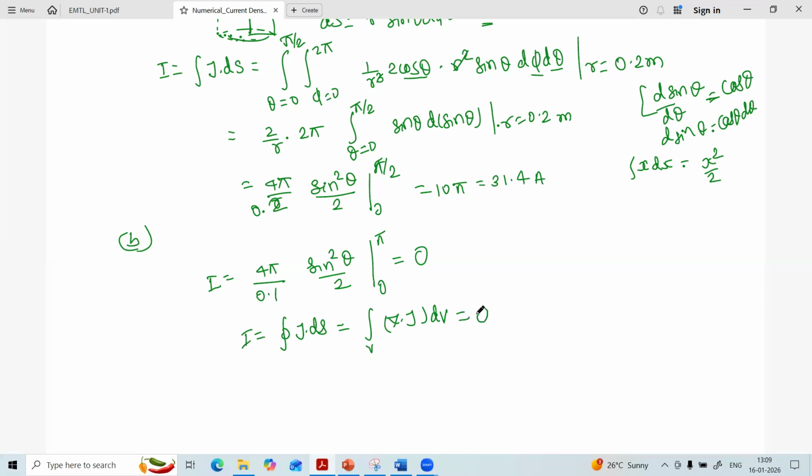So it is equal to 0, since del dot J equals 0. The divergence of the current density is 0. Like this, we are able to obtain current in different situations. We have to be careful about the theta values.